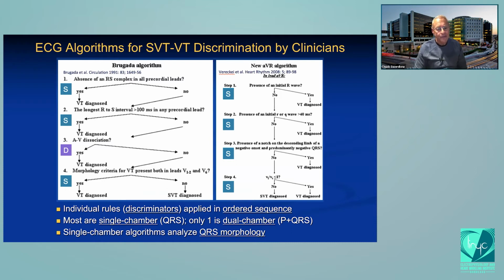And the third is that the single chamber algorithms analyze the QRS morphology on the surface ECG lead. And importantly, we give priority not to the dual chamber criterion, finding the P waves. The reason we don't is that finding P waves during wide complex tachycardias can be very difficult if you're an honest electrocardiographer.